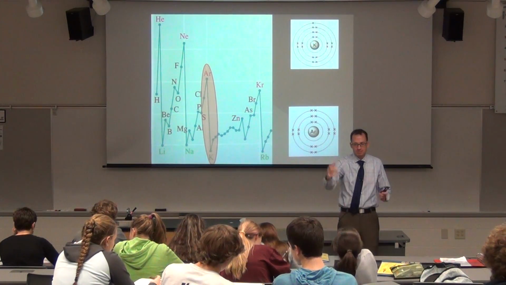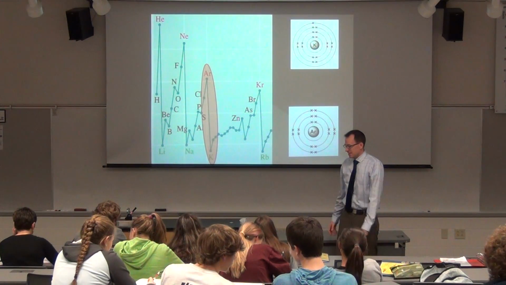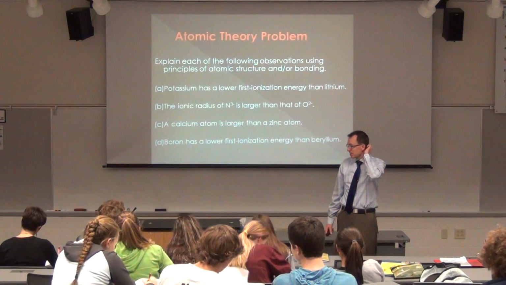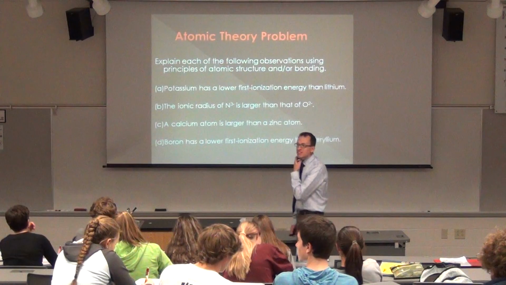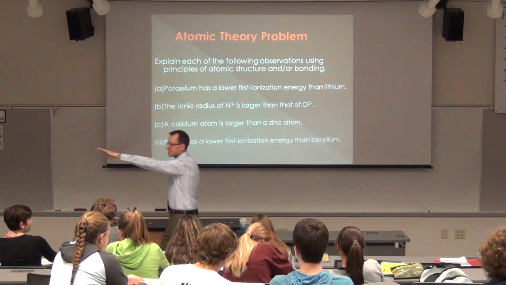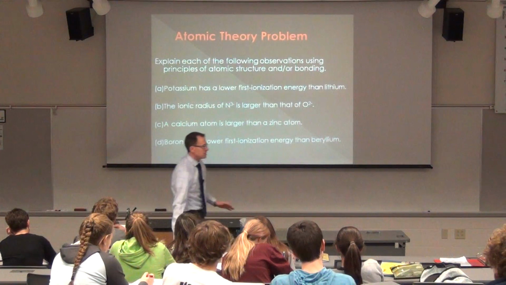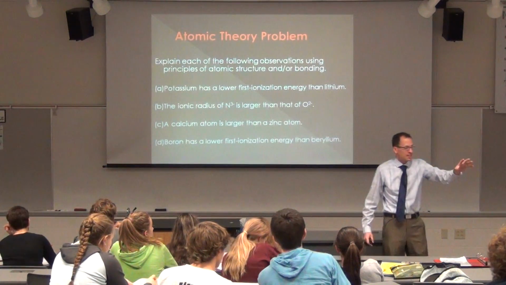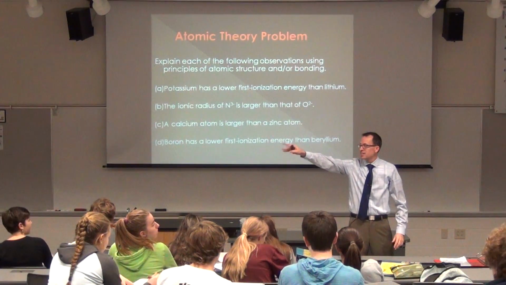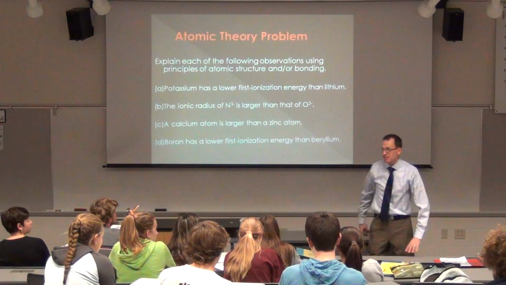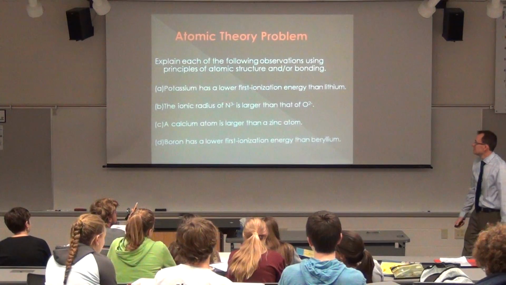Okay? So, that being said, on the other side are AP questions, actual AP questions. What I'd like to have happen is, this group you do A, you do B, C, D, A, B, C, D. I want a written out answer of this.